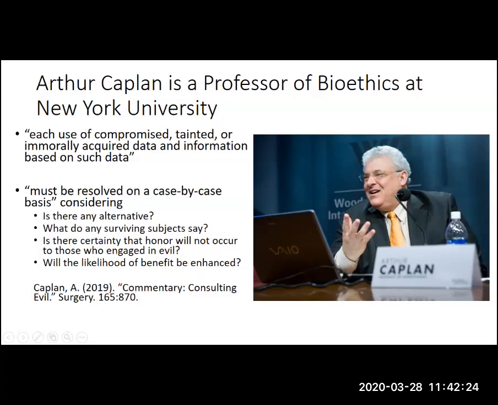And is it worth the risk? Is there a likelihood that the benefit of using this data will be enhanced by using it over not using it at all? And so, again, very troubling, but potentially opening it up to continually use Pernkopf's atlas.